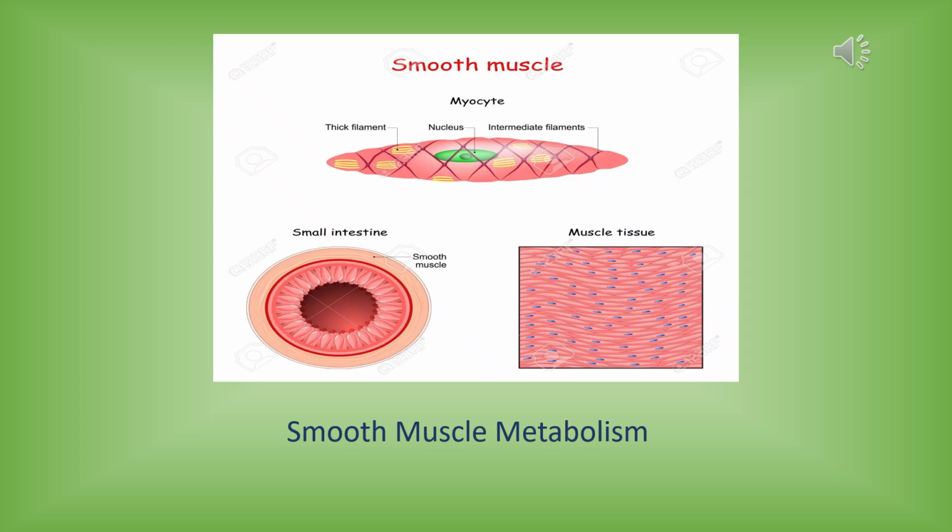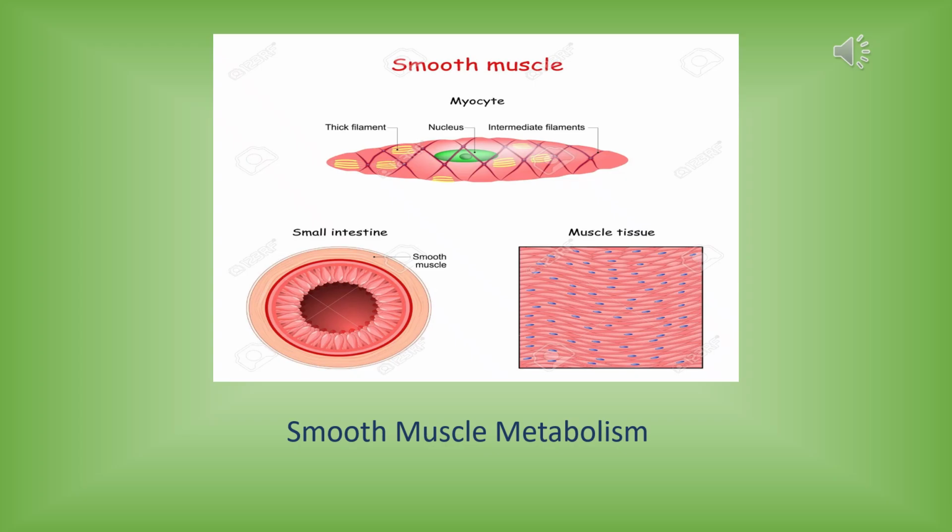Well, notice first of all that the smooth muscle cell is not like a skeletal muscle fiber. Smooth muscle cells are normal in their size. Skeletal muscle fibers are very thin and long. Also, smooth muscle tissue has one centrally located nucleus.